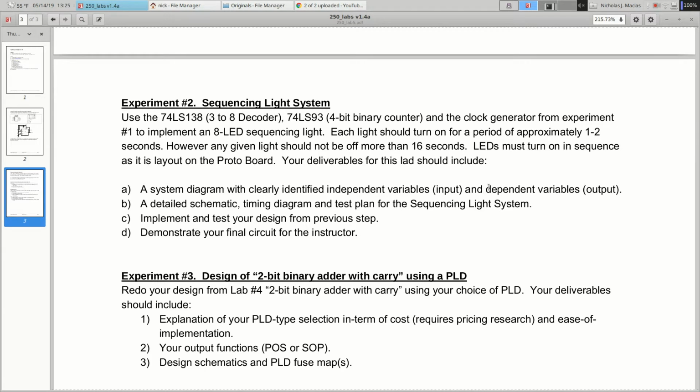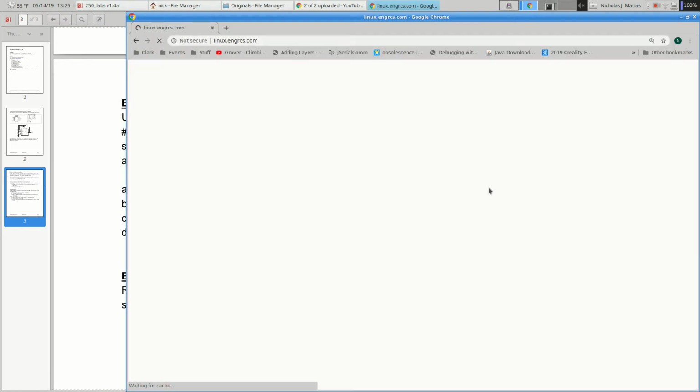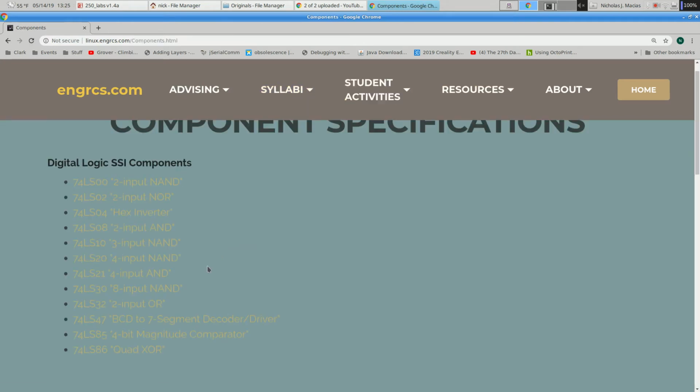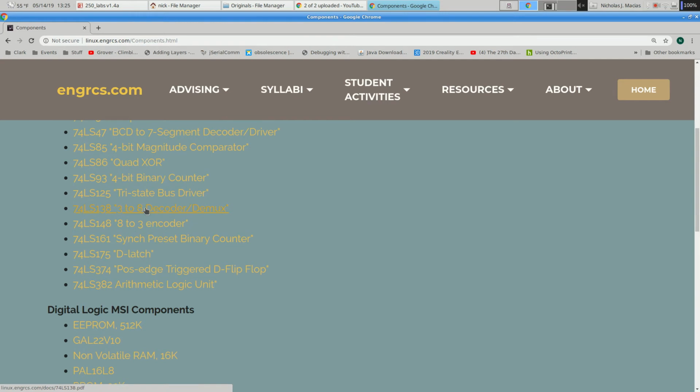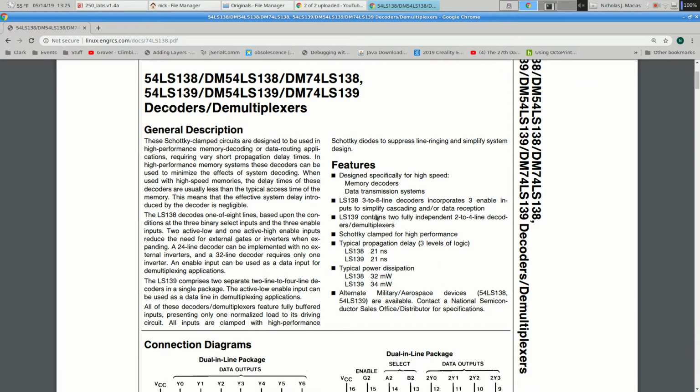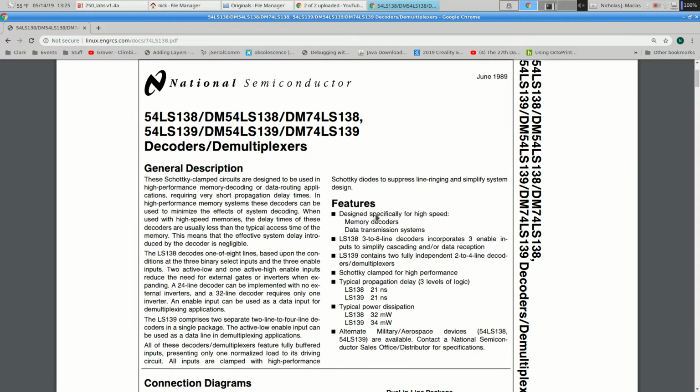Let's look at the 138. All right, 74138. This is a DMUX. Takes 3 inputs in, it generates 8 outputs.